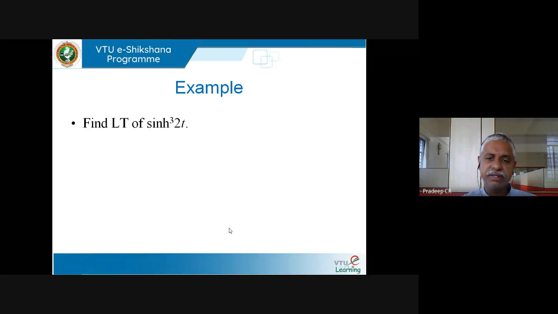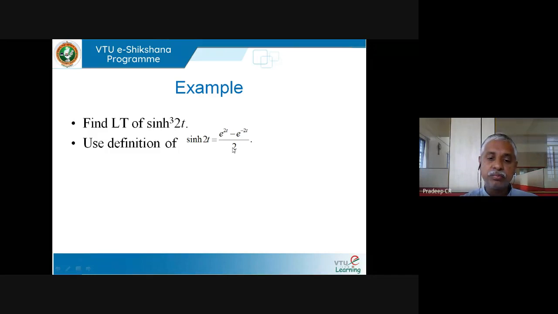Just use the definition. Here, sinh 2t is nothing but e power 2t minus e power minus 2t by 2. Those of you who still haven't understood this, please understand this. This is actually the definition of hyperbolic sine.